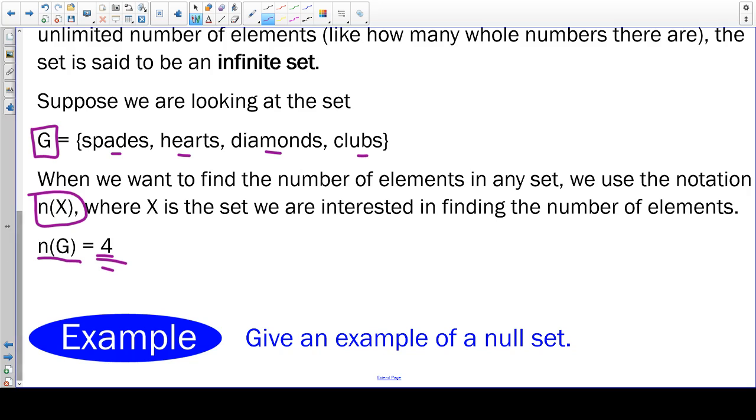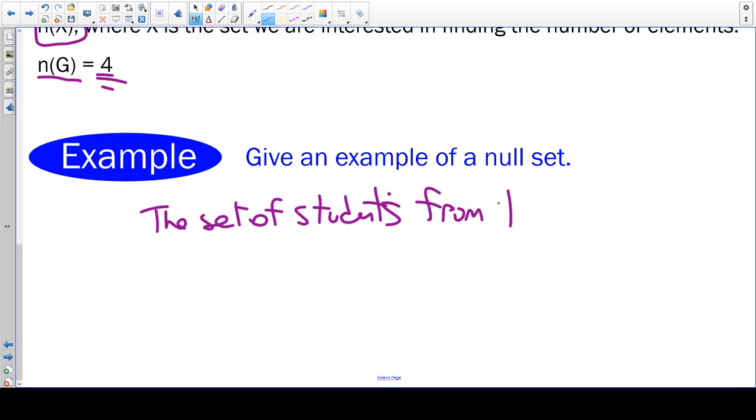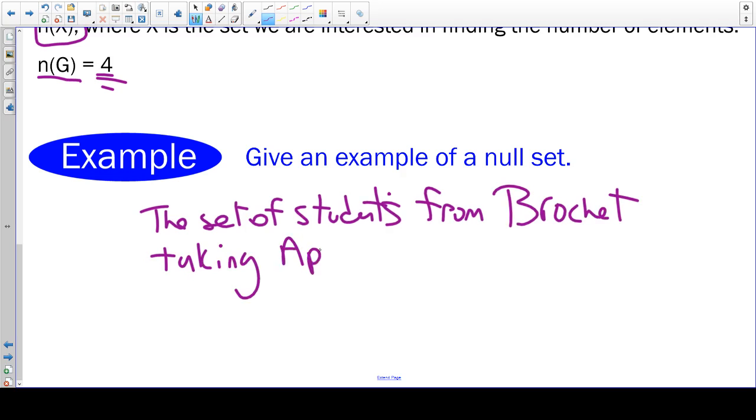Now, here it does say, give an example of a null set. And I gave one earlier, so I'll give it again. The set of students from Brochet taking applied math 40S right now.